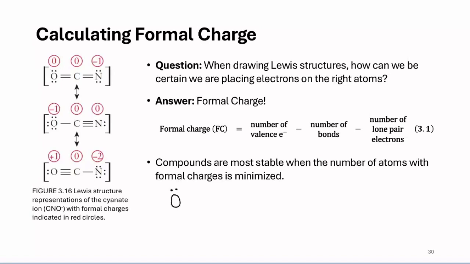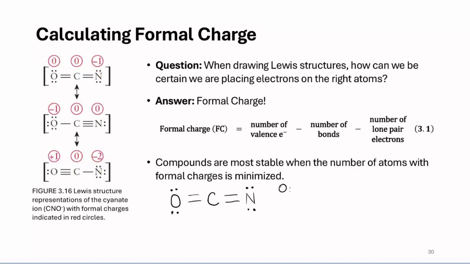Oxygen has two lone pairs and a double bond to carbon. The carbon has a double bond to nitrogen, and nitrogen also has a lone pair. So at first, let me do the calculation for oxygen.